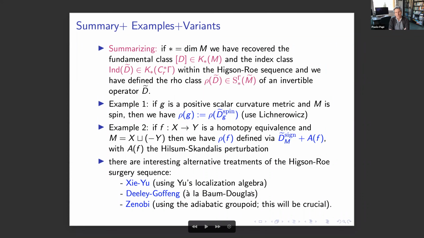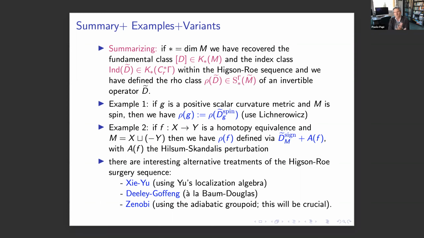So let me say that there are different treatments of the Higson-Roe surgery sequence. One is due to Xie and Yu, and this employs Yu's localization algebra. Another is an approach by Deeley and Goffeng, which described the surgery sequence à la Baum-Douglas.